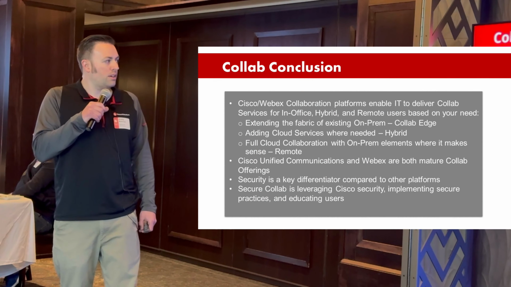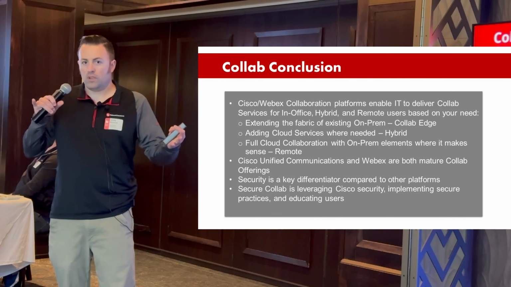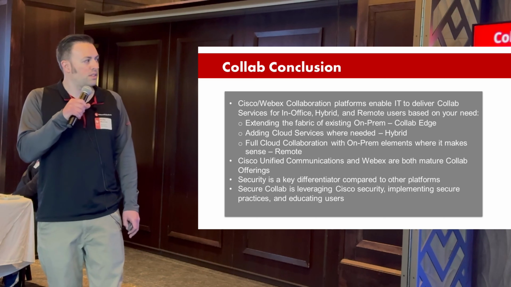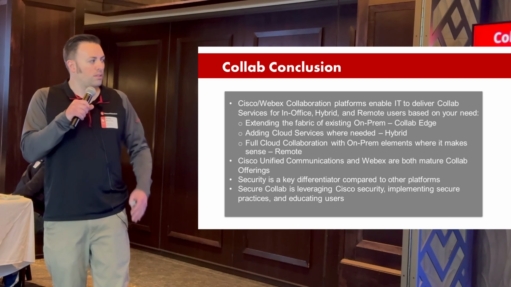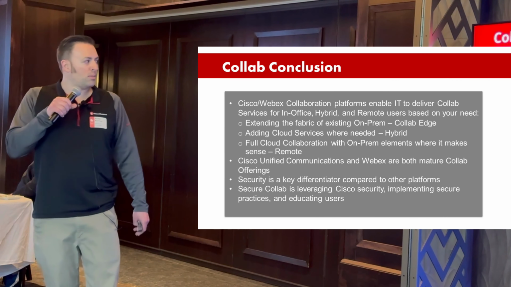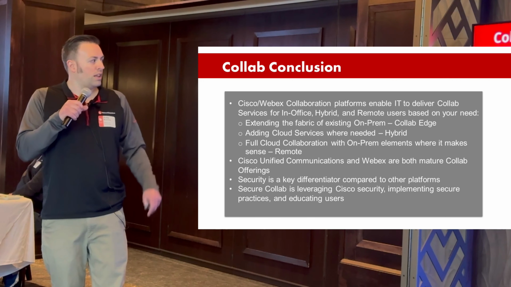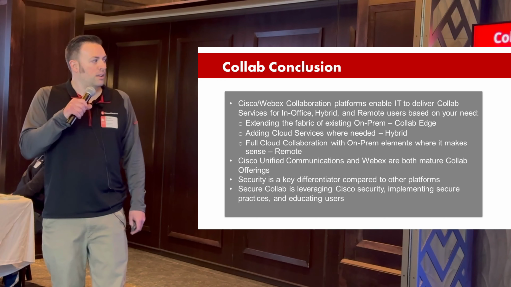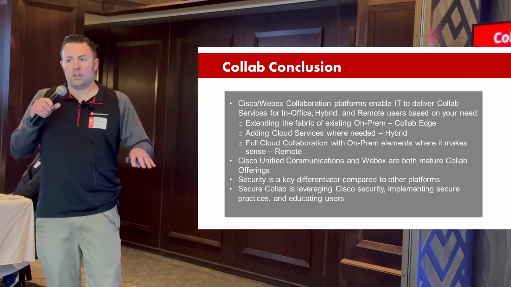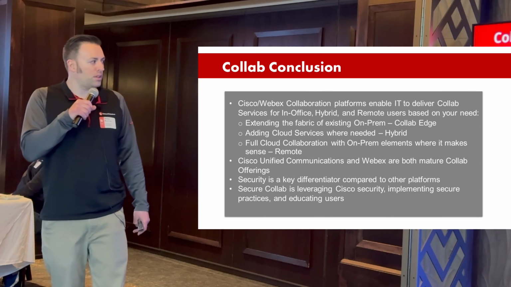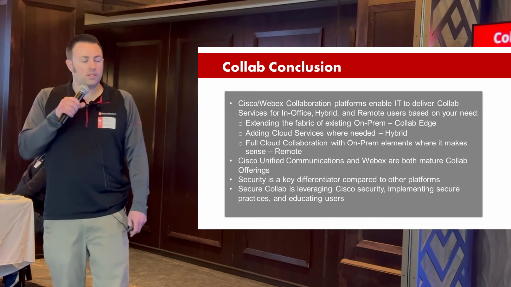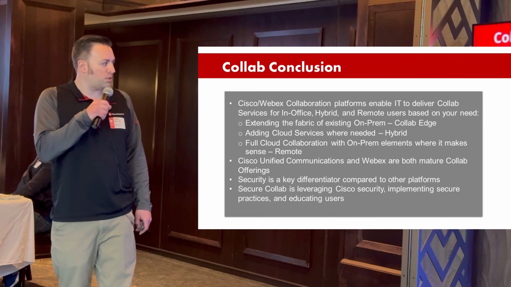You've got an existing system, you extend it out to the internet so your collab services can be had anywhere, or you can have a hybrid model where you have on-prem and cloud where it makes sense, or for those who are looking for a full cloud solution, you can have that, but you can also have those anchors on-premise where you can have things like survivability. And you really can pick and choose from any of those things with this solution.